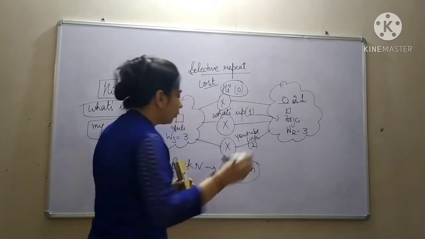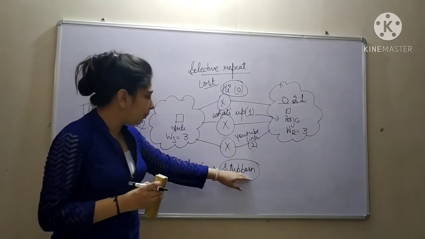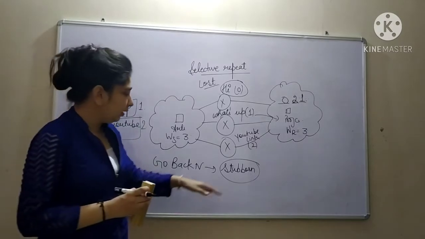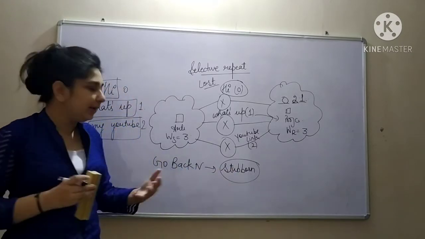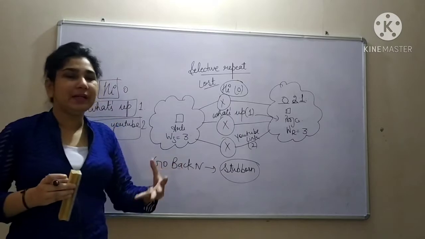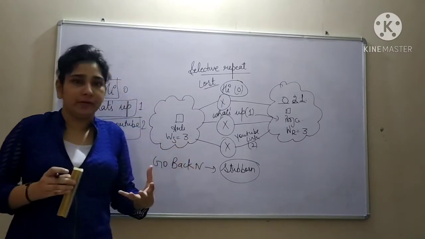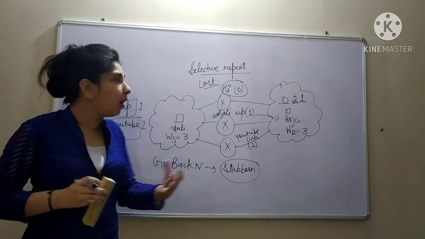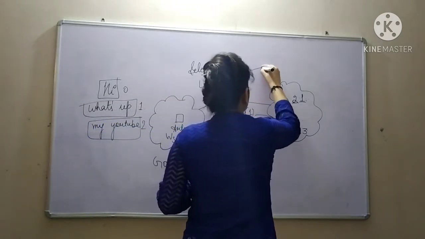It is just going to accept all of your packets in order, like firstly 0, then 1, then 2. But selective repeat is not stubborn. You can call it an open-minded protocol.